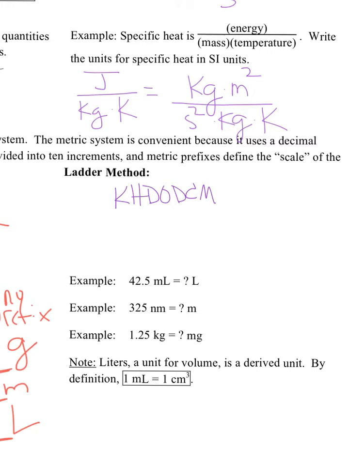The mnemonic that I use to remember this is, I'm going to put it in blue up here. There are several of them. I like this one: Kids have dropped over dead converting metrics.